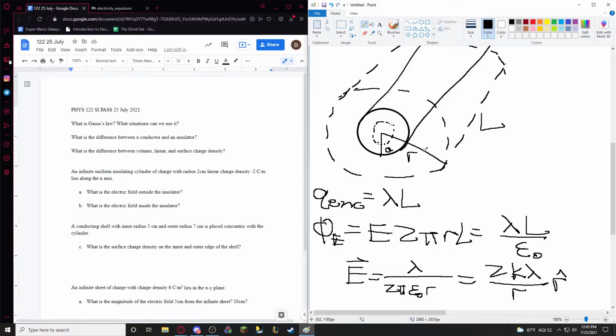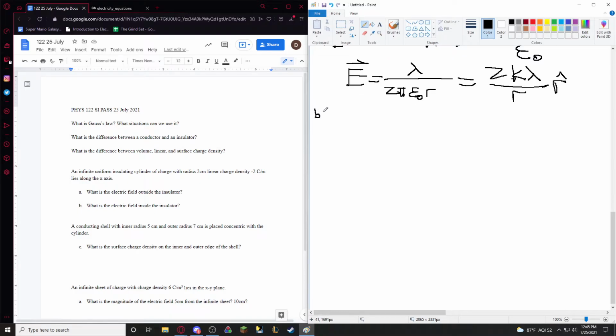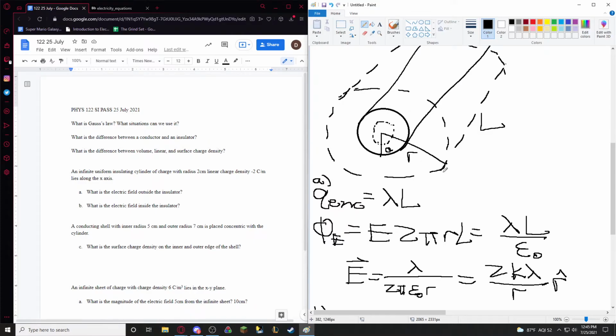I'm trying to remember the stuff for cross sections right now. Our original should be R, right? The original radius? We're saying the original radius is A. Oh, okay, so we're going from A to a smaller value r. So r is less than A.